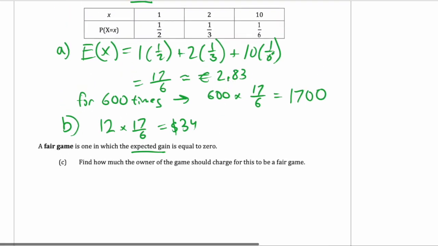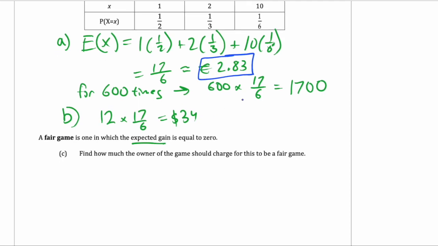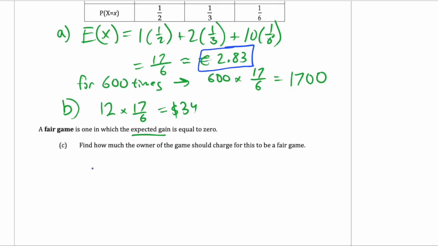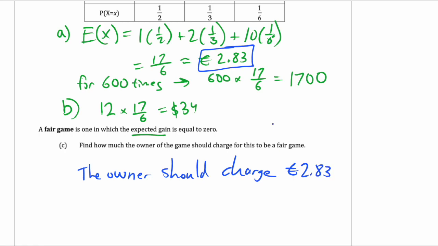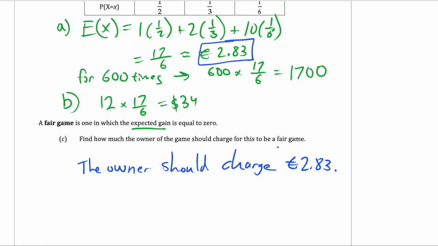That means on average, they gain €2.83 every time they play. So the owner should charge, obviously, €2.80. So that means they would on average earn 0, and that would be a fair game.